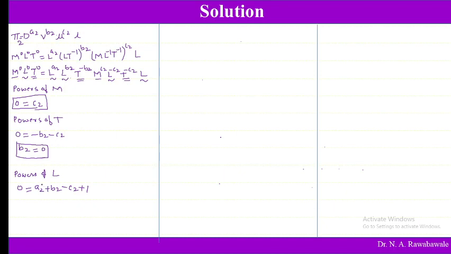So c is 0, b is 0, only a remains. So a2 is equal to minus 1. We get a2 is equal to minus 1.